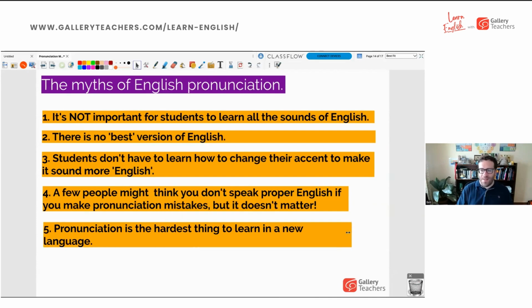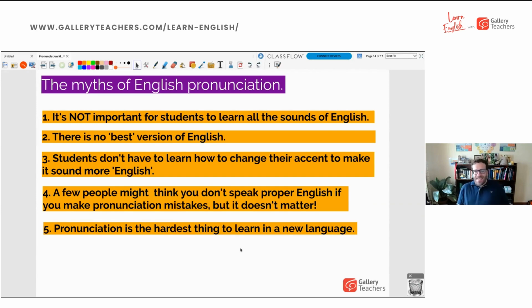Okay, and what about this one? Pronunciation is the hardest thing to learn in a new language. In English, yes, Sarah says. Yeah, that's a correct answer.